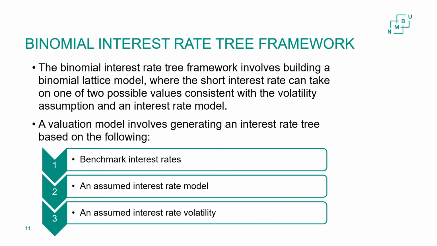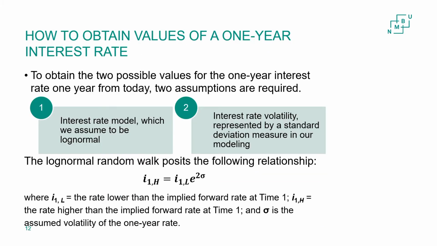So we need to assume an interest rate volatility. From the binomial model of interest rates, we know that there will be two possible values for the 1 year into 1 year implied forward rate. Forward rates are often called short rates as well.